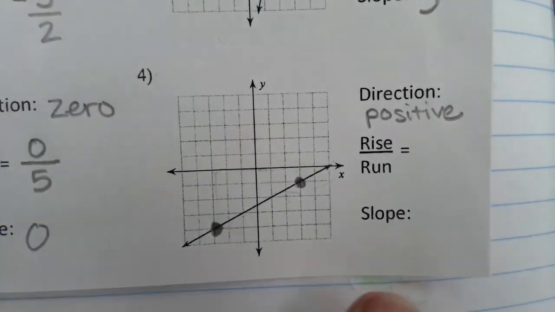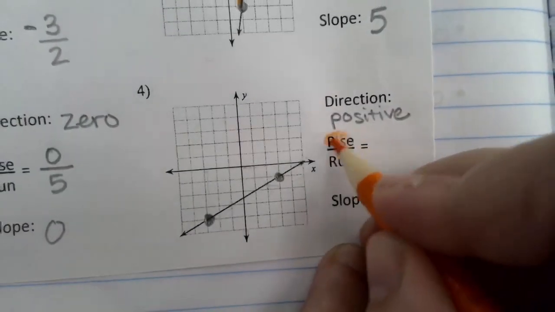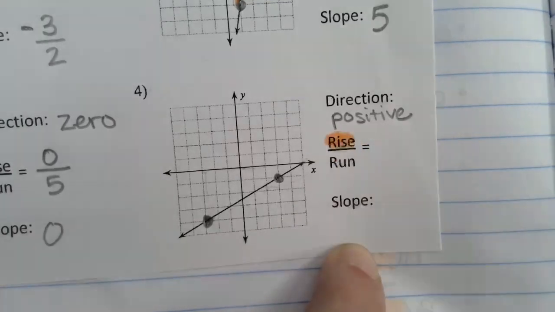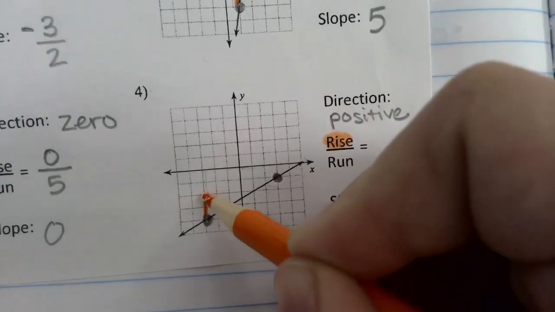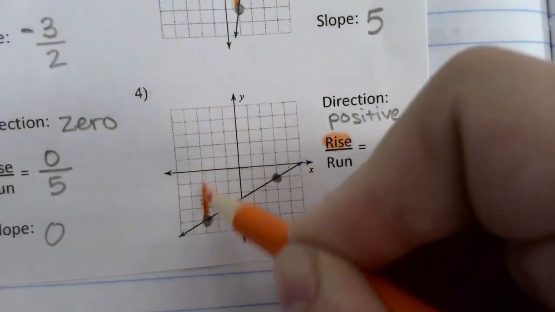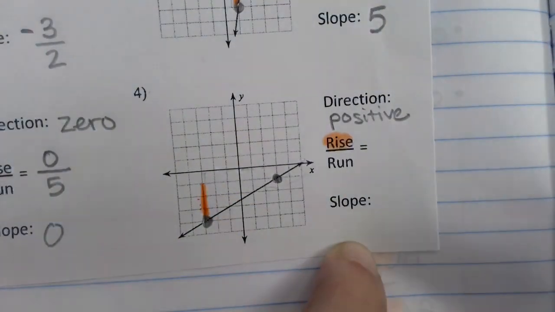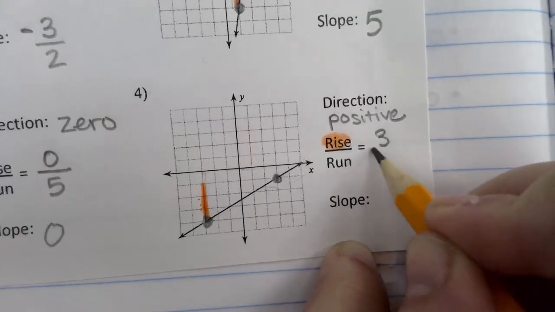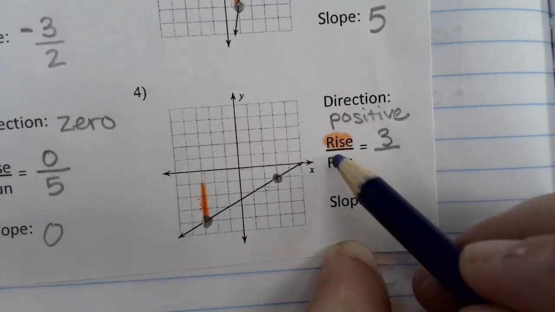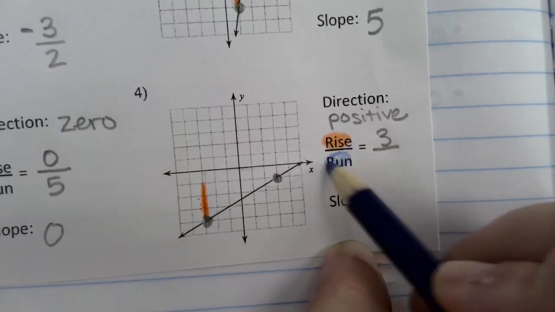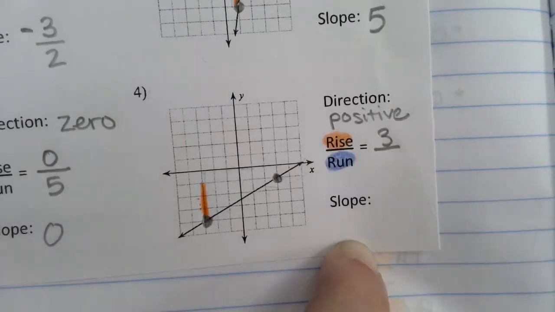All right, so rise. That means we're going up and down. And we're going to rise up on this one. How many up does it go? 3. Also, there's a negative 1, negative 3. You're right, there is.